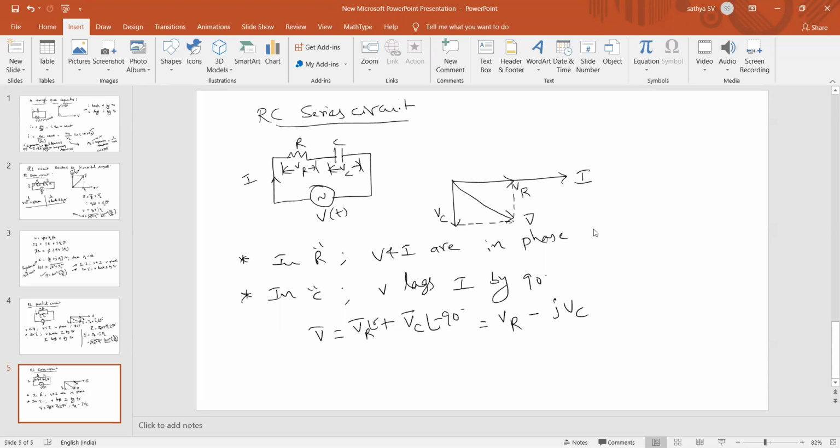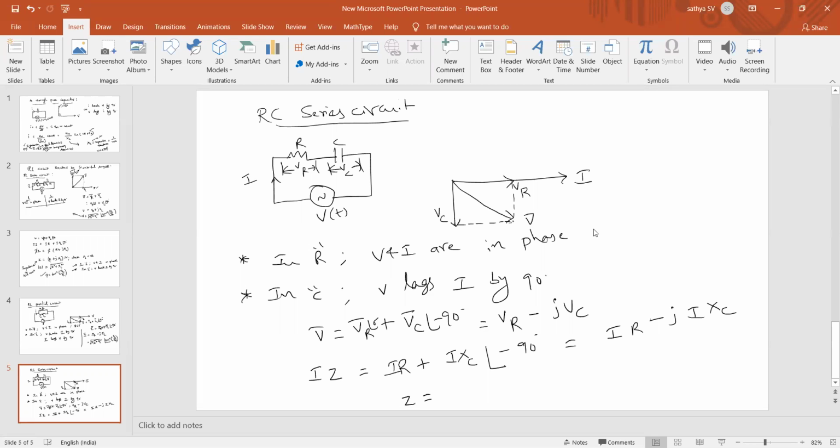Or else, in terms of drops, if you want to write, that is IZ equal to IR plus IXC at an angle minus 90. Right, done. So shall I simply write this as IR minus jIXC?